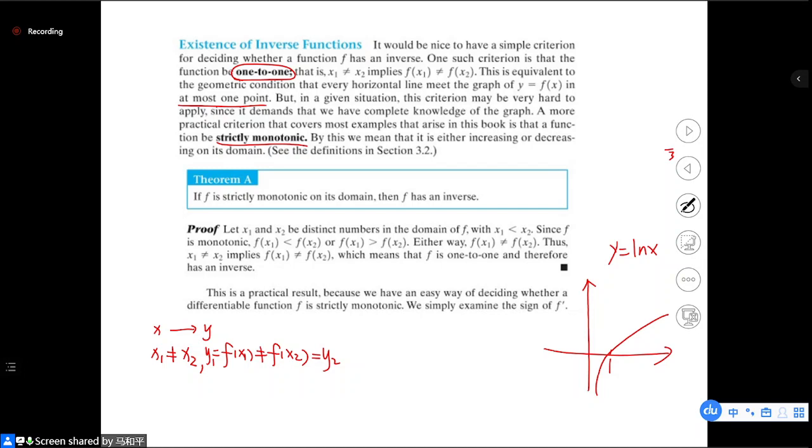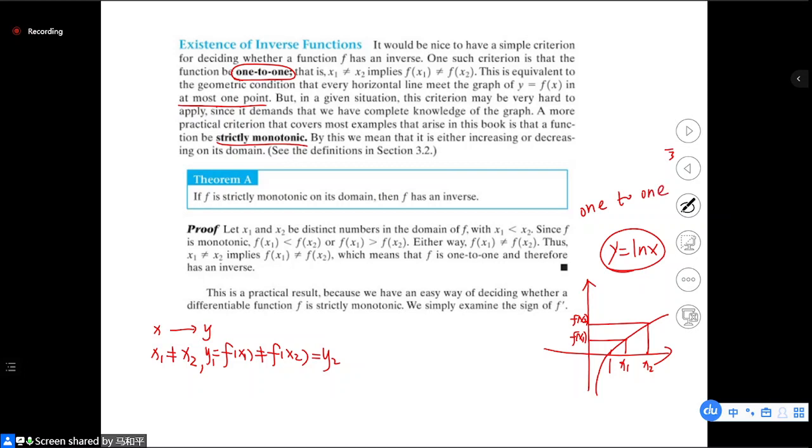We can say this is x1 and this is x2. We can find x1 is not equal to x2. So here we have f(x1), and this one is f(x2). We can say f(x1) is not equal to f(x2). So this function is 1 to 1.